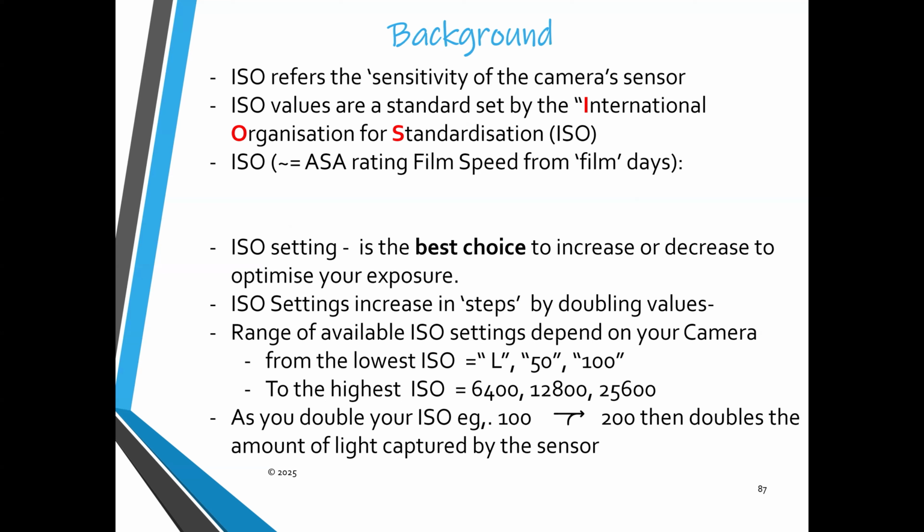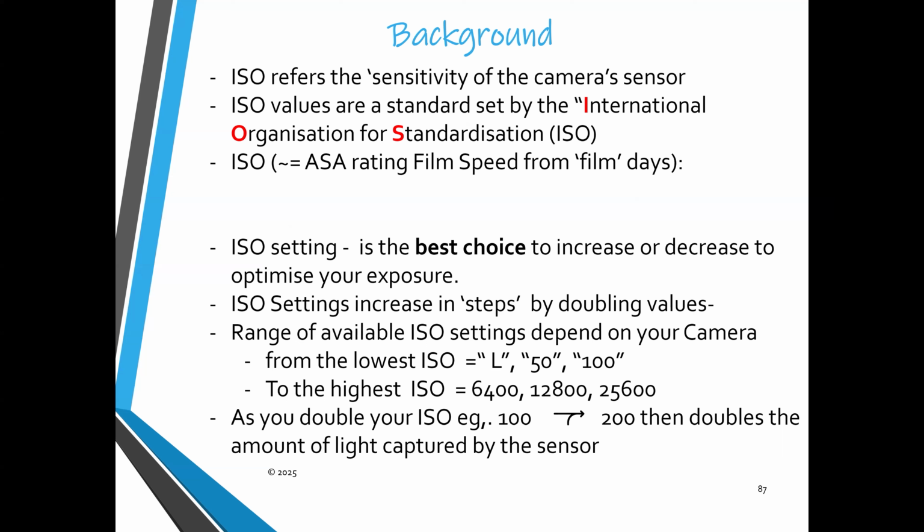And it comes from the fact that they originally standardized film. So in film, we used to have ASA ratings for film speed, and it was the ISO organization that actually standardized across all of the different film manufacturers what the sensitivity of that film would be.